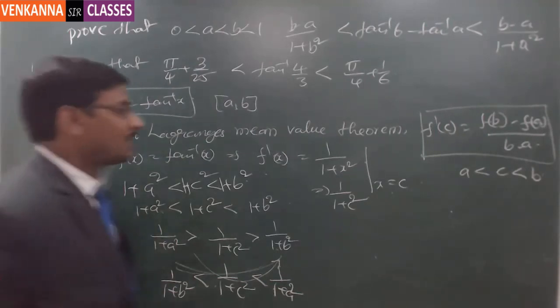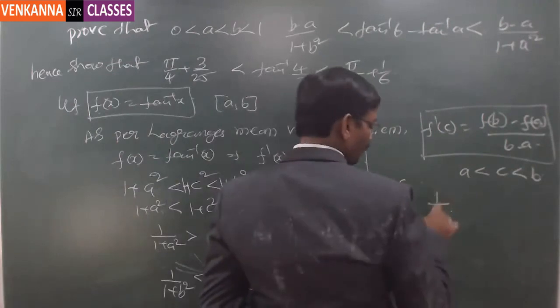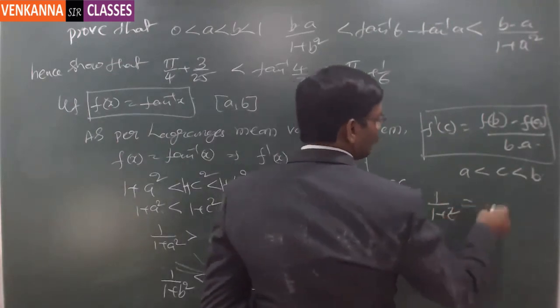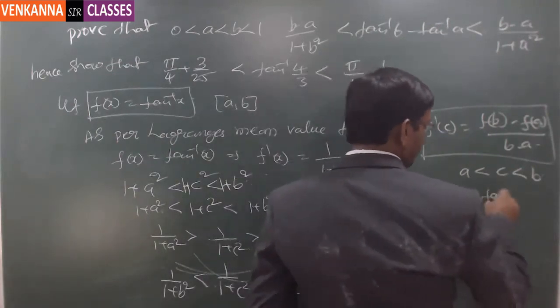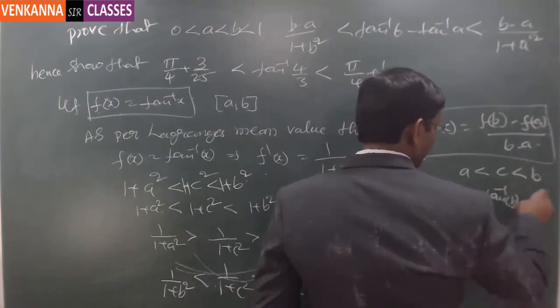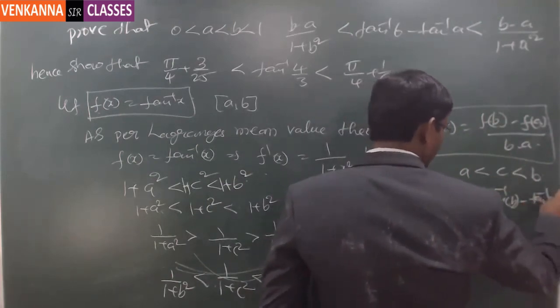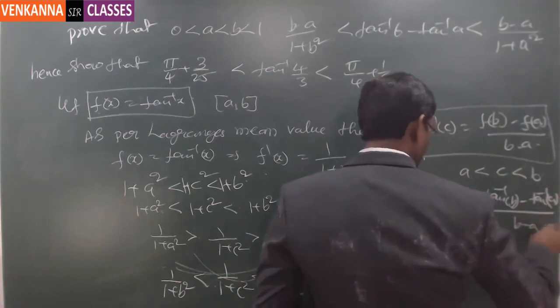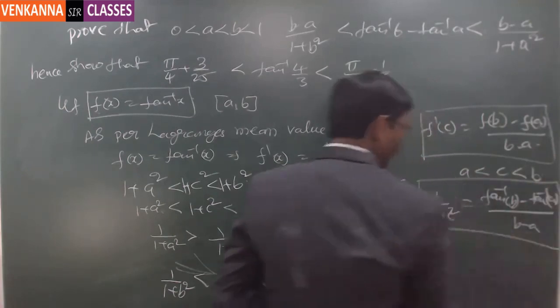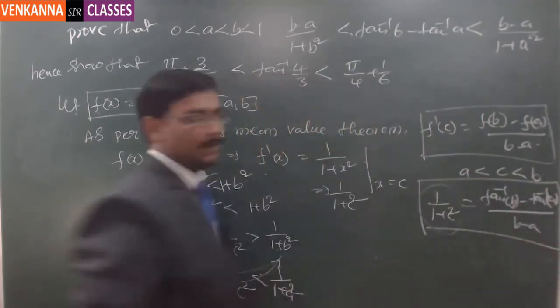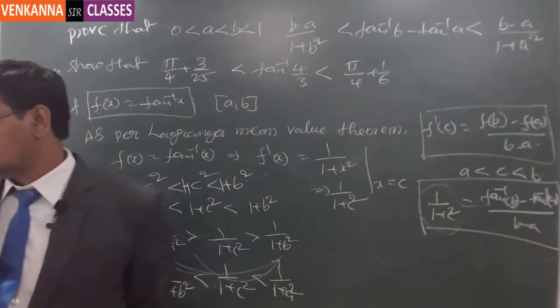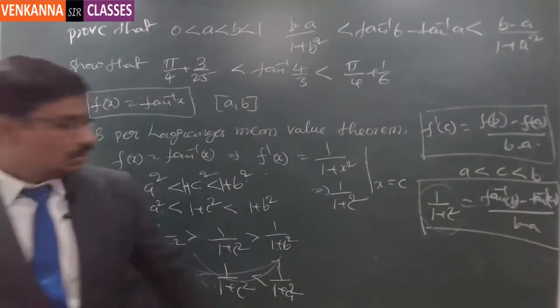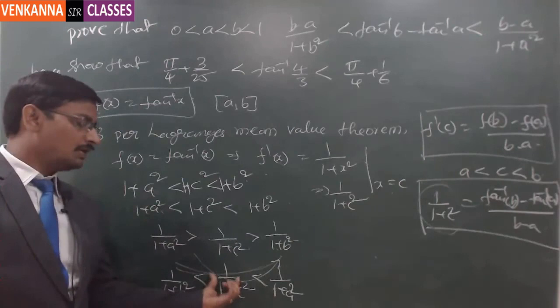And as per Lagrange's mean value theorem, 1 by 1 plus c square is equal to tan inverse of b minus tan inverse of a divided by b minus a. So this is as per Lagrange's mean value theorem, and I have brought this format. So then you can replace that point here.